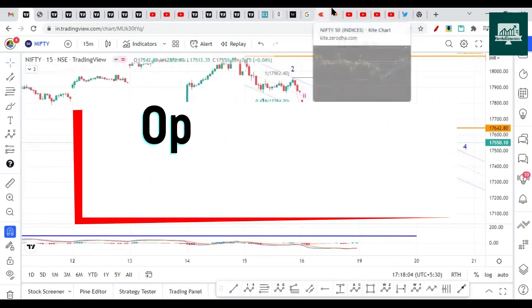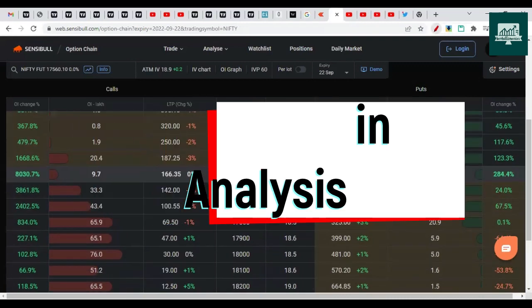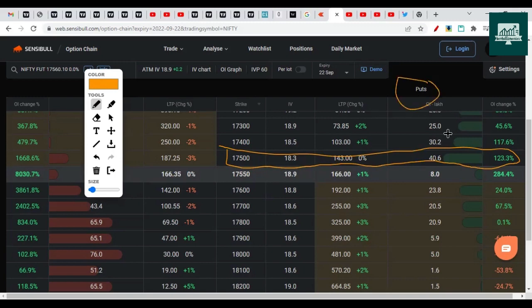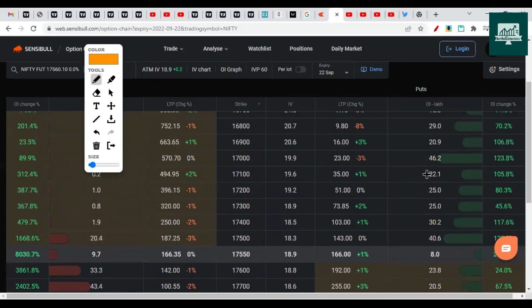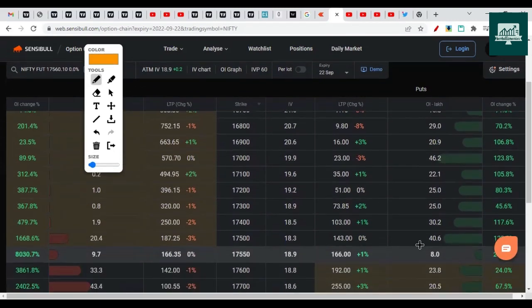So let's check the option chain. The option chain here obviously will show you 17,500 as a support because there is almost a 500 points drop from the top. On the put side, the biggest number right now is at 17,500. On the lower side, we don't see even the support near 17,000.